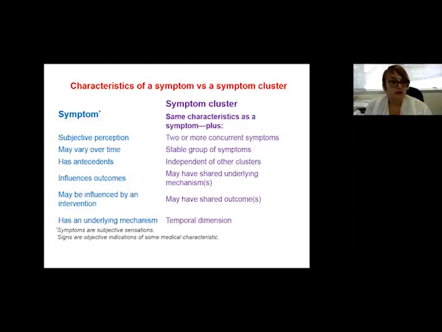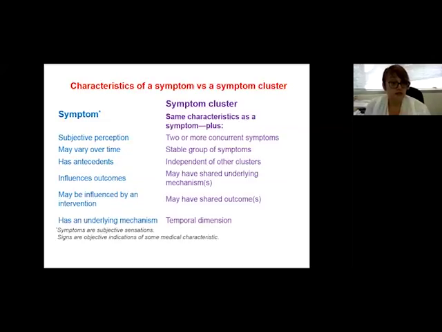So if we look at the characteristics of a symptom versus a symptom cluster, symptoms are subjective, may vary over time, and they have antecedents. So what's likely to be the trigger factor? Going back to the theory of unpleasant symptoms, those trigger factors were physiological, psychological, and situational factors. The symptom will influence outcomes such as function, performance, quality of life.